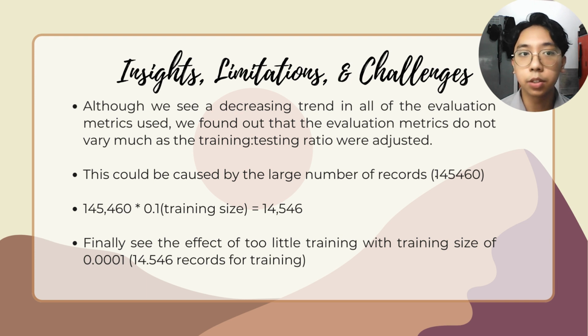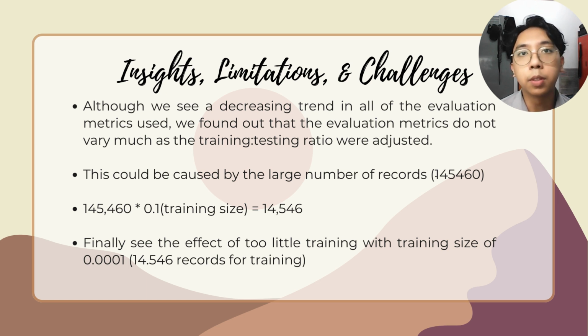Insights, limitations, and challenges. Although we see a slight decreasing trend in all of the evaluation metrics used, we found out that the evaluation metrics do not vary much as the training and testing ratio were adjusted, specifically as we decreased the training size down to even 10%. This could be caused by the large number of records, 145,460 different records.